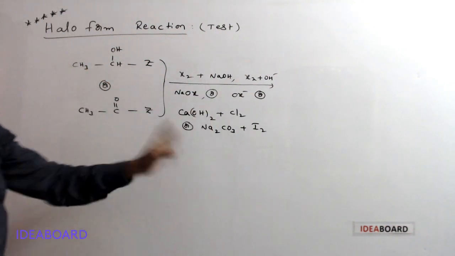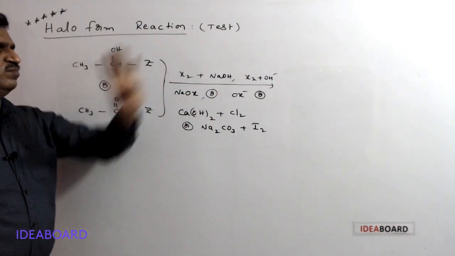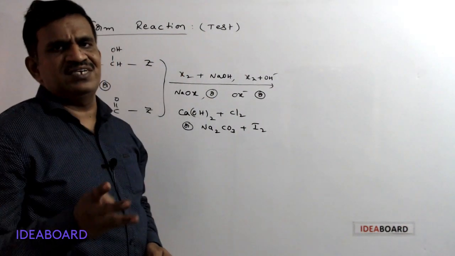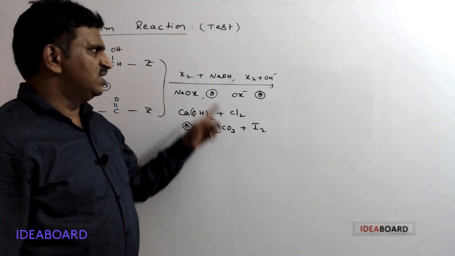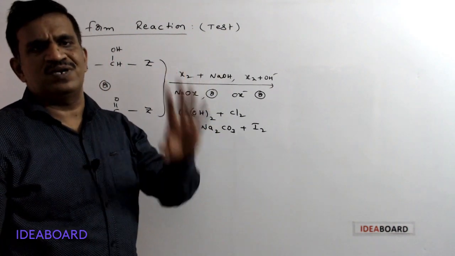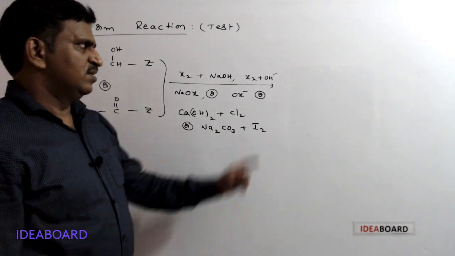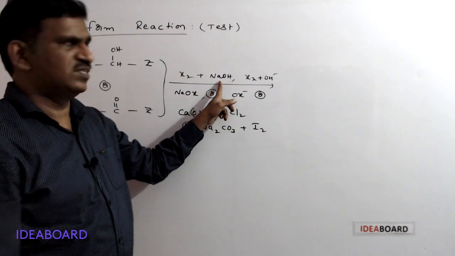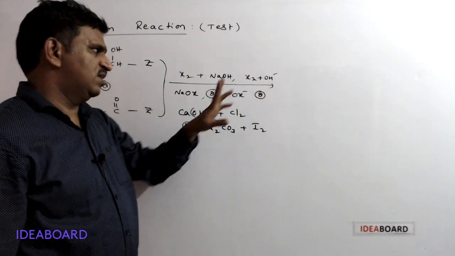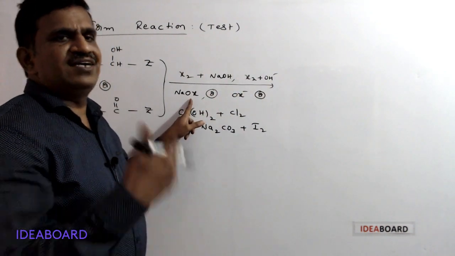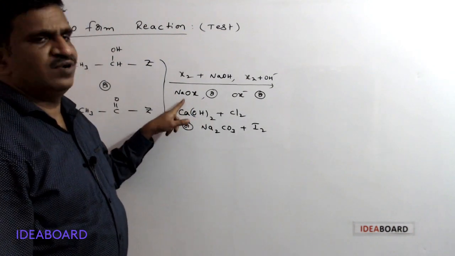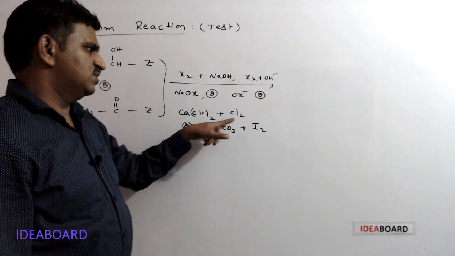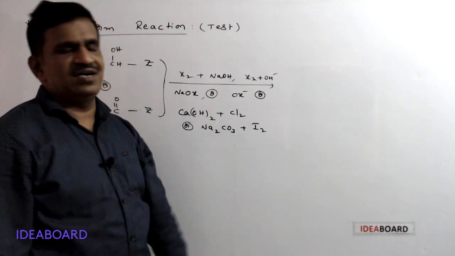Any of these reagents can be used for the haloform reaction. Strong bases generally mean first group hydroxides or second group hydroxides. Any first group or second group hydroxide is taken. Halogen with a first or second group hydroxide mixture, halogen plus hydroxide ion, sodium hypohalite or hypohalite ion, calcium hydroxide and chlorine, or sodium carbonate and iodine mixture.